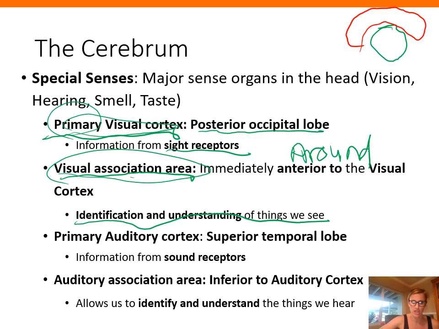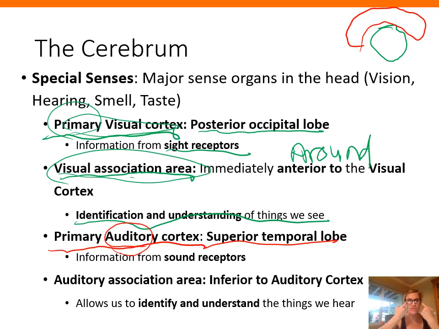That's the association area. The primary auditory cortex is located at the very top gyrus of the temporal lobe. So it kind of makes sense. Auditory is hearing, and it's located on the temporal lobe right here by the ears. Okay, so I always remember visual from the eyes goes straight back to the occipital lobe.